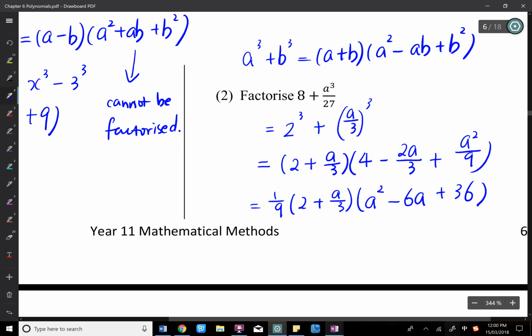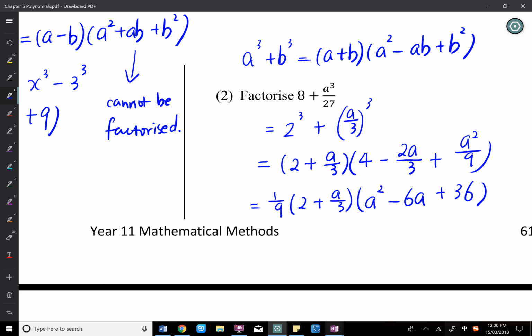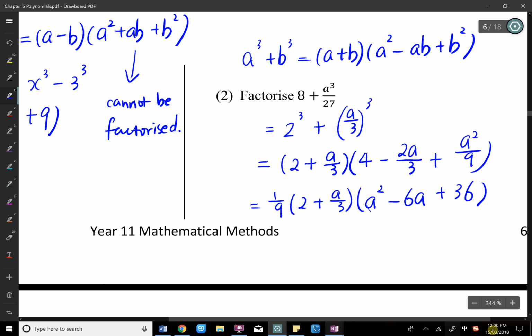And it can't be factorized. Set it equal to 0, and then there's no solution for that one. You only have one solution then. And I can also take a 1/3 out, which makes 1/27, and then this becomes a plus 6, and then a squared minus 6a plus 36.